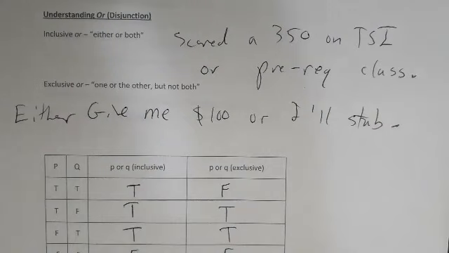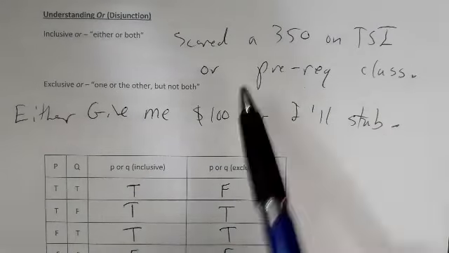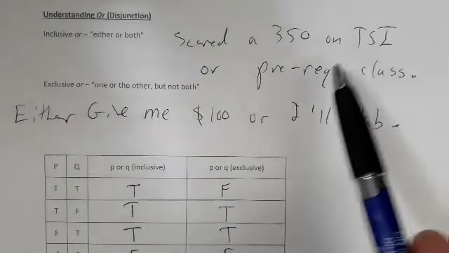You have to look at what people are talking about. Are we talking about some sort of standard to get into the class? Well, if you pass one of them, it's good enough. Or are we talking about an either-or statement?